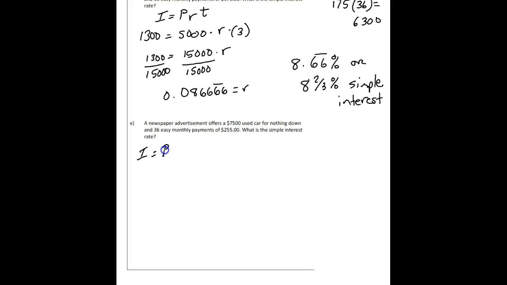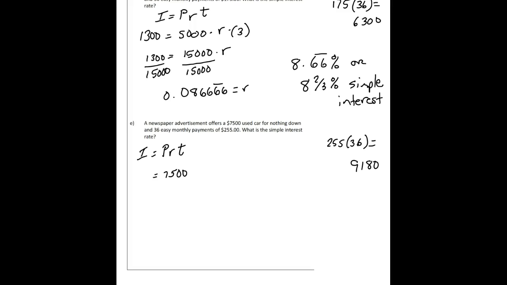Well, we're going to follow along with what we did in the previous problem. So our original amount, $7,500. And then I have to figure out, well, how much interest did we actually pay? So we're going to multiply our monthly payment times our total amount of payments, 36, and we see that we paid a total of $9,180.